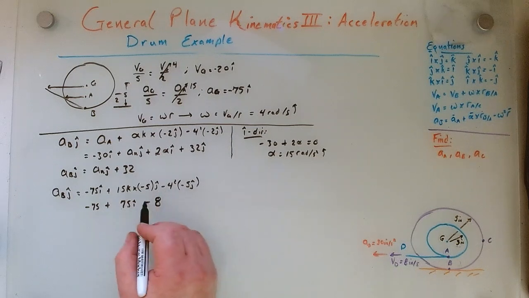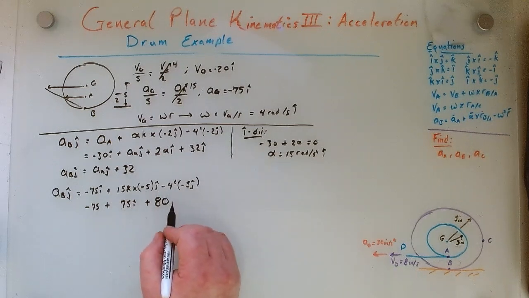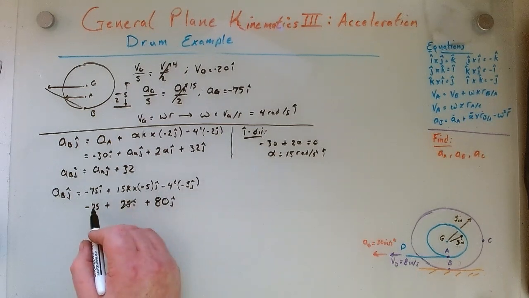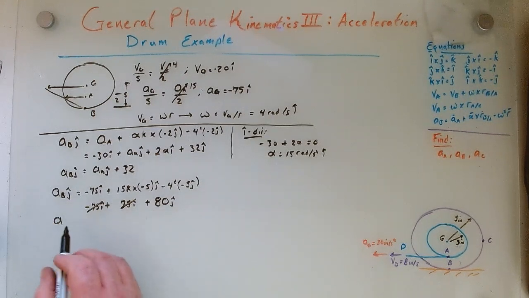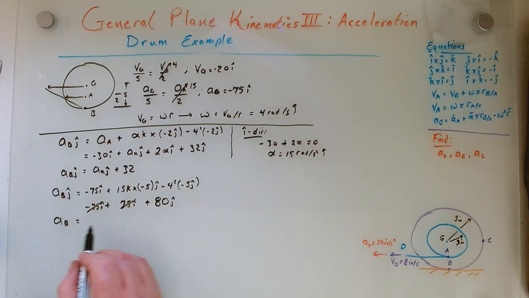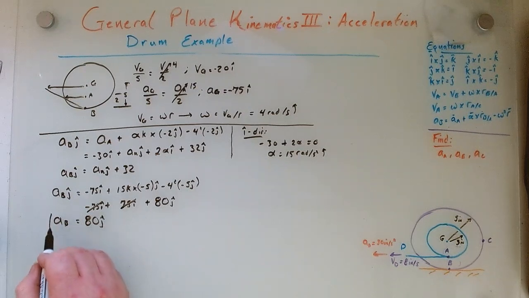Minus a negative is plus 80j, so these actually cancel each other out. There was an i there, so a sub b is equal to 80j, which is good because that's what my notes tell me.